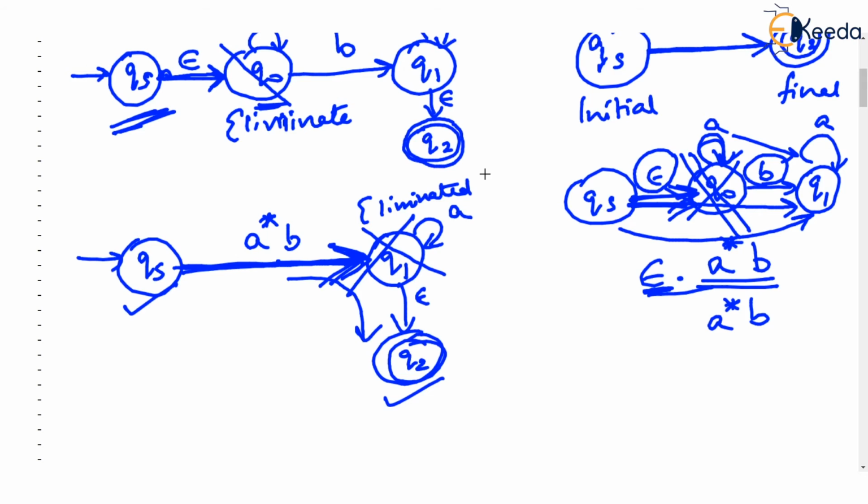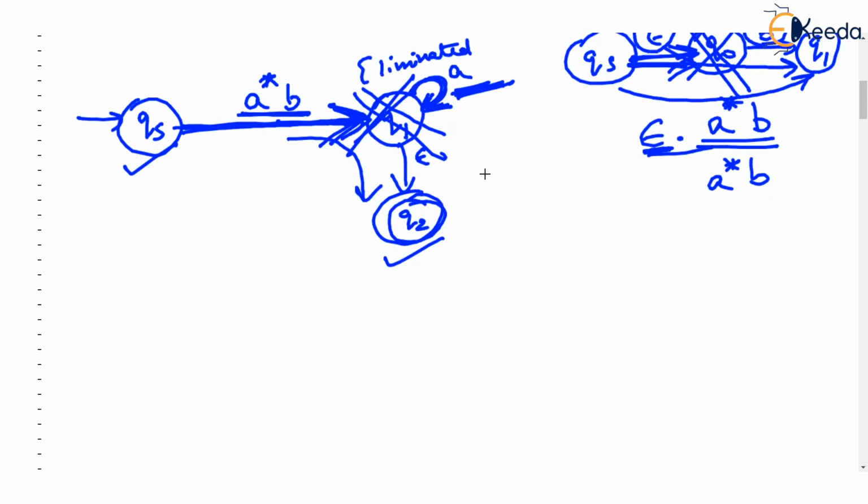Clearly, if Q1 is eliminated, it has a regular expression part A star. Notice this portion which I am underlining is A star. But this A star is preceded by A star B. So if you eliminate Q1, you will have a path from QS to Q2.